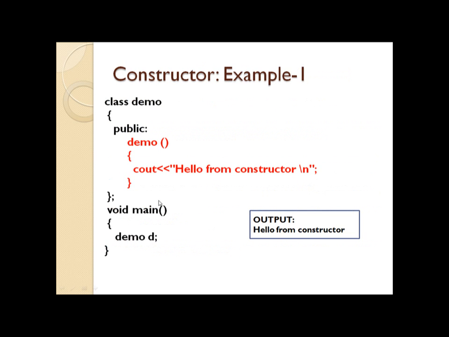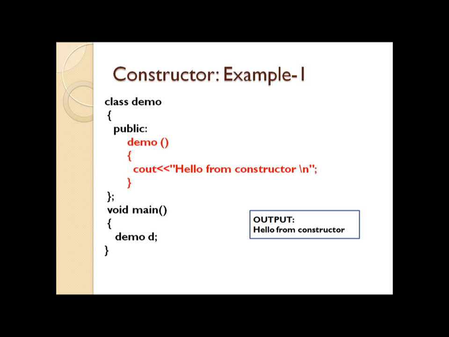They do not have a return type. Here you can see this is the constructor, and there is no return type given for this constructor. Because as soon as it gets called, it will return an object, and that is the purpose of using the constructor. Ultimately, we want to construct the object.